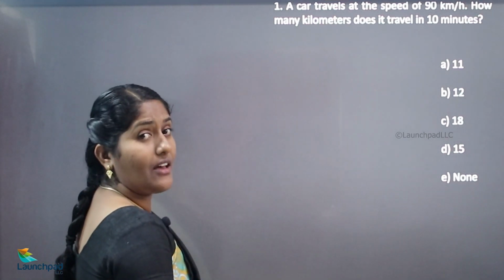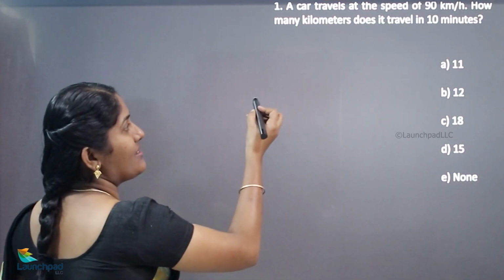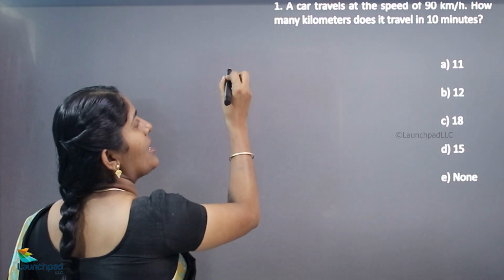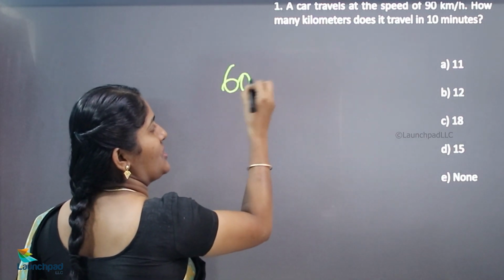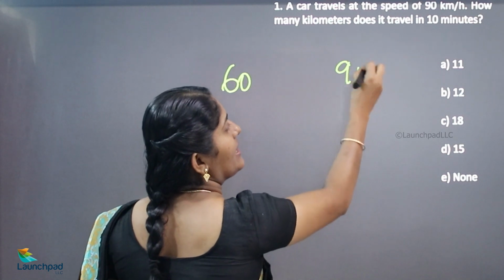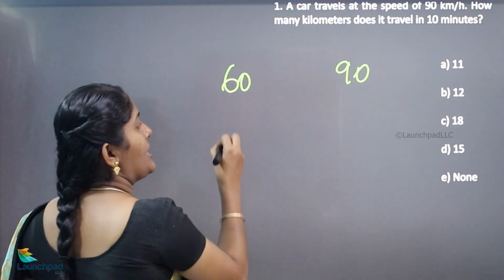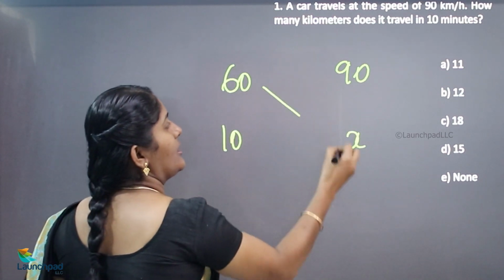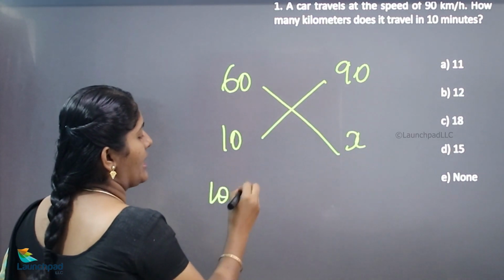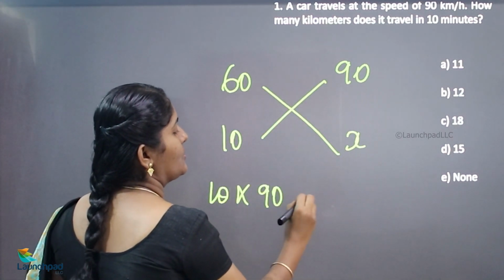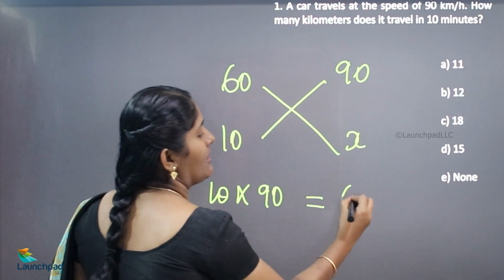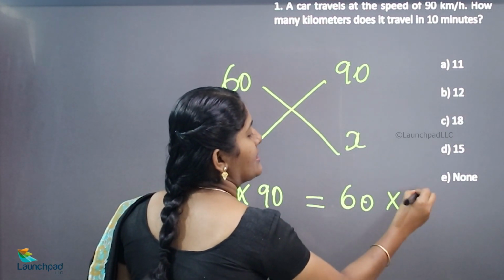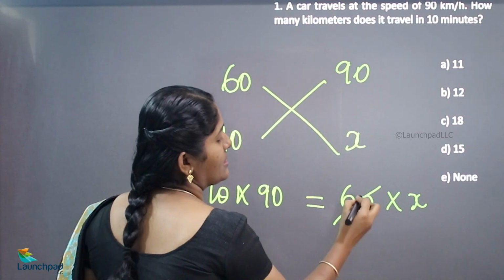Or else we can have another idea also. What does that mean? 1 hour means 60 minutes. In 60 minutes, the car can cover 90 km. For 10 minutes, how much will it cover? While doing the cross multiplication also, we can get the answer. 90 into 10 is equivalent to 60 into x. This is the direct proportional method.